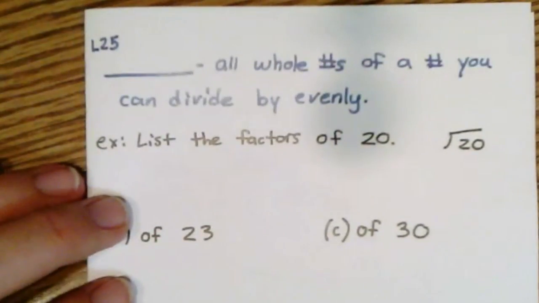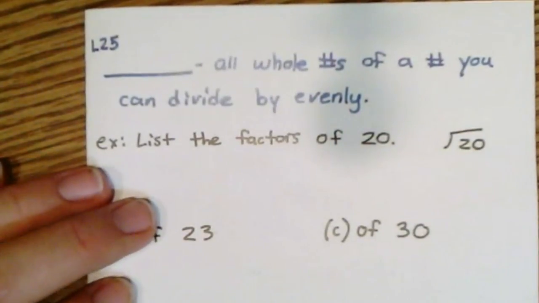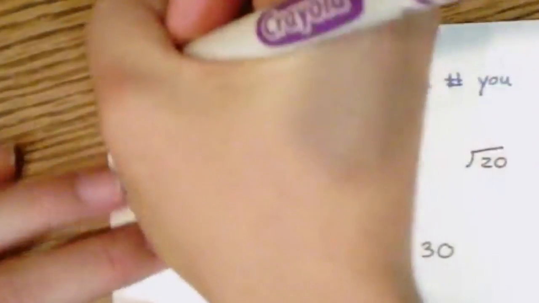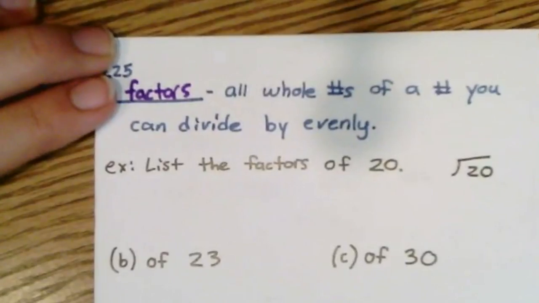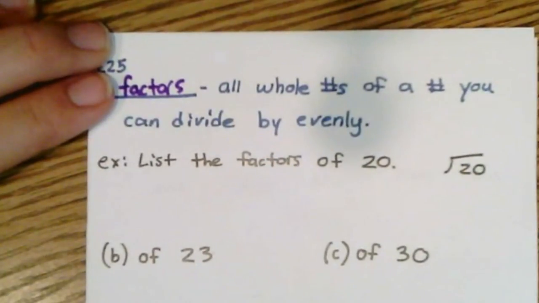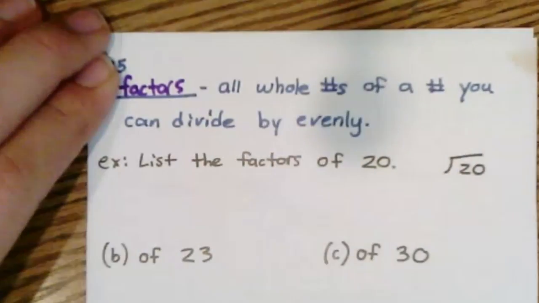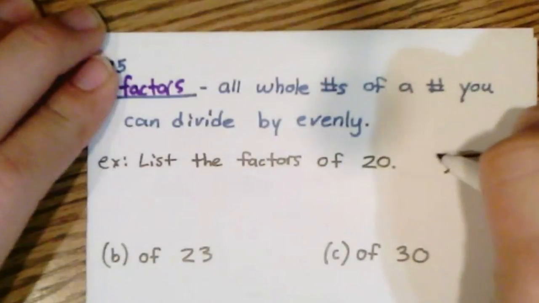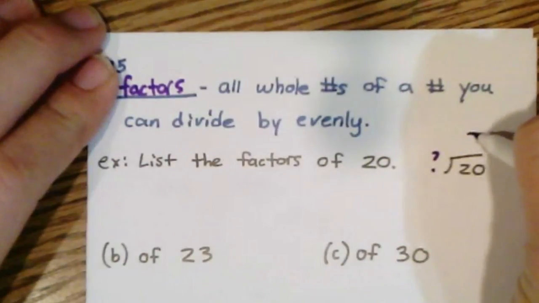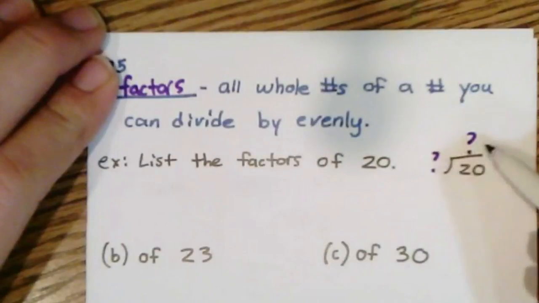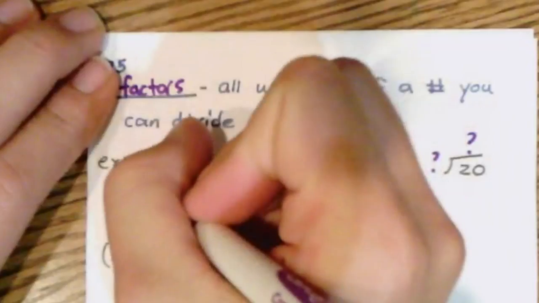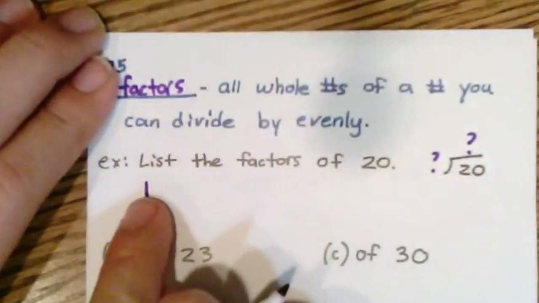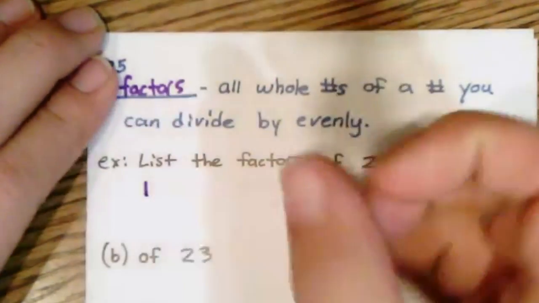We call all whole numbers of a number that you can divide by evenly factors. So if it asks us to list the factors of a number, like list the factors of 20, I'm basically going to think of what two numbers could I multiply times each other to equal 20, like we were doing before. So all numbers have the factor of 1 times itself.